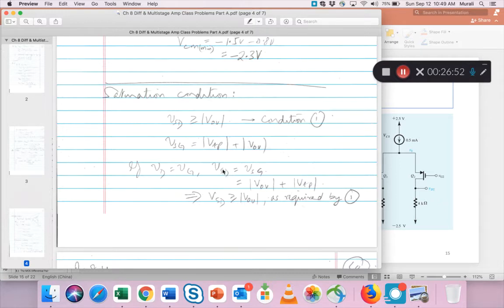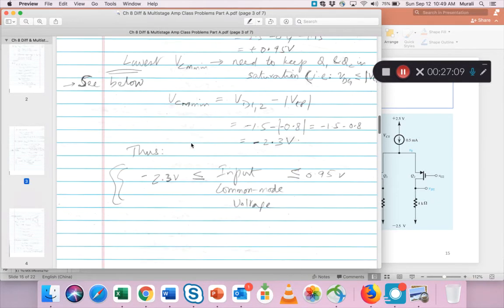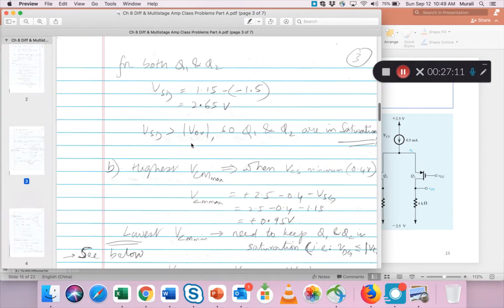So if this is, let's say, 5, and this is 4, and this is 1, this 5 will always be greater than this 4, which is the other condition for saturation, VSD greater than VOV.